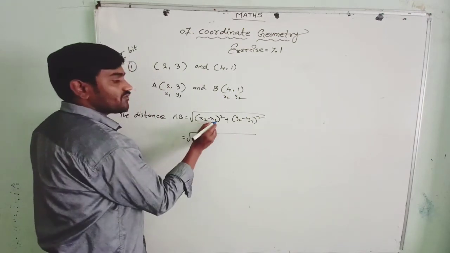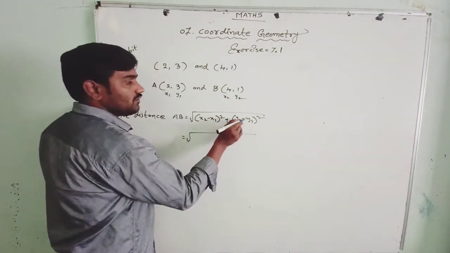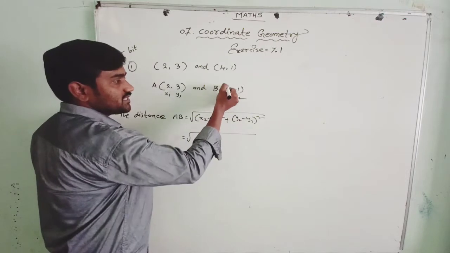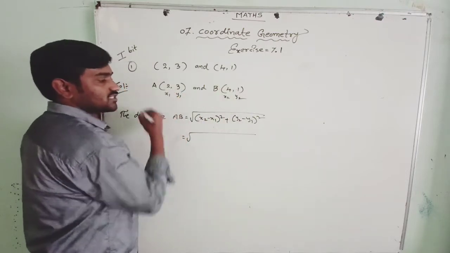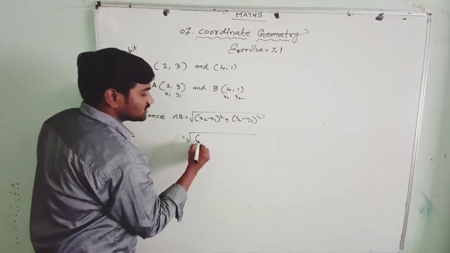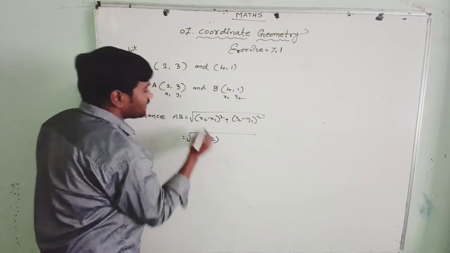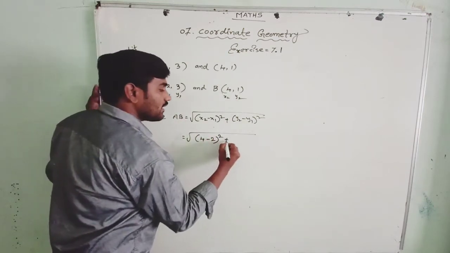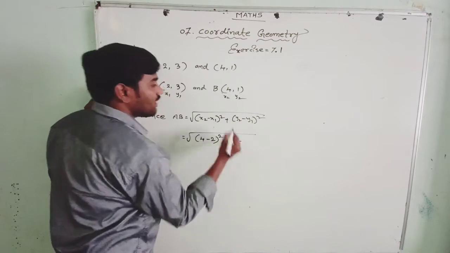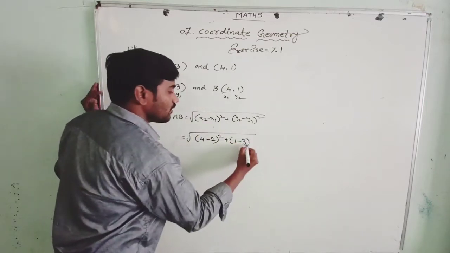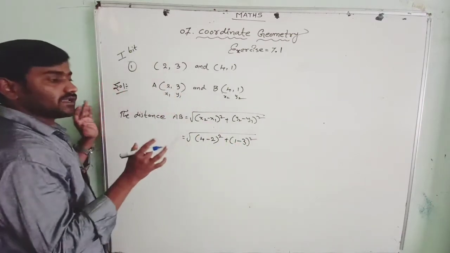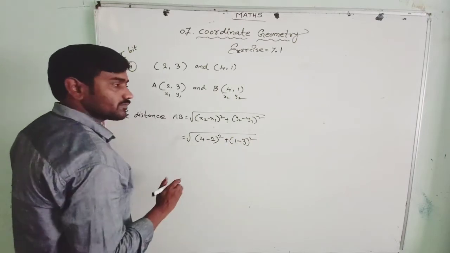Already we know the values of x2, x1, y2 and y1. Here is the x2 value and here the x1 value. x2 that is 4 minus x1 is 2 whole square, plus y2 is 1 minus y1 value is 3 whole square. Simple. Very carefully you have to substitute.